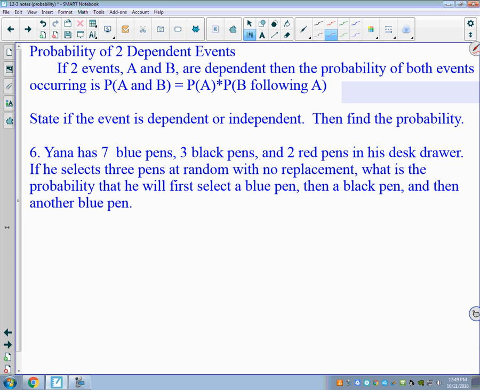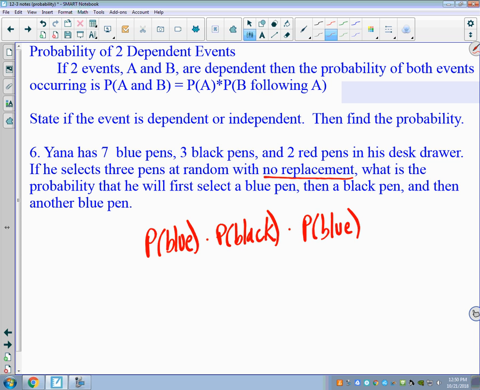But you have to say the probability of A times the probability of B given A. Oh, I'm struggling. So it says, state if the event is independent or dependent, then find the probability.